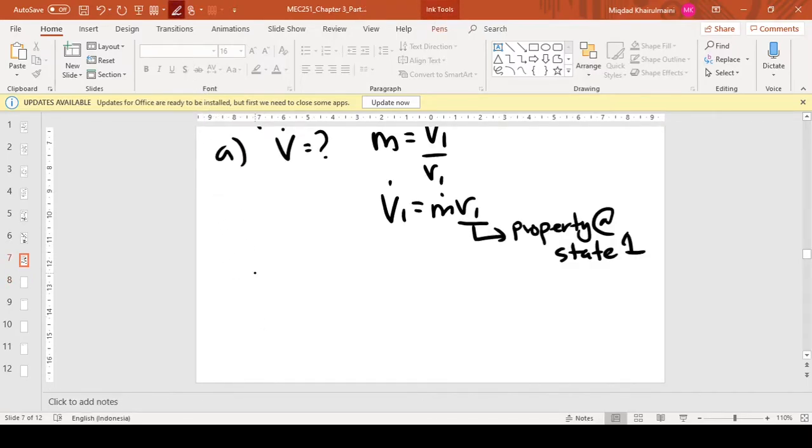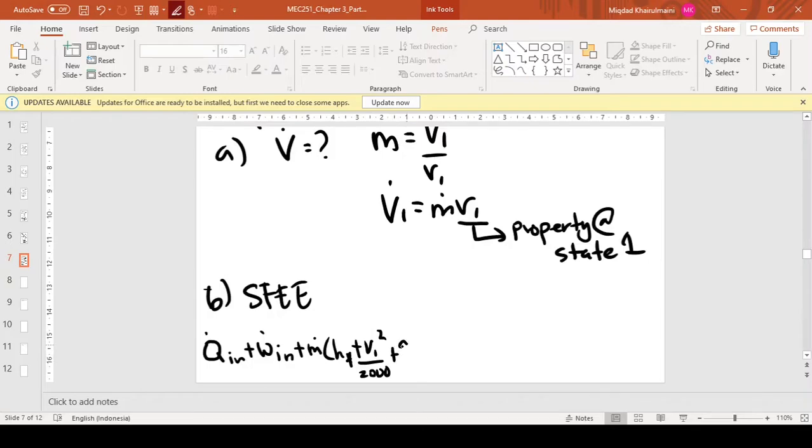So item B, the SFEE. We have the general equation, inlet equals exit.